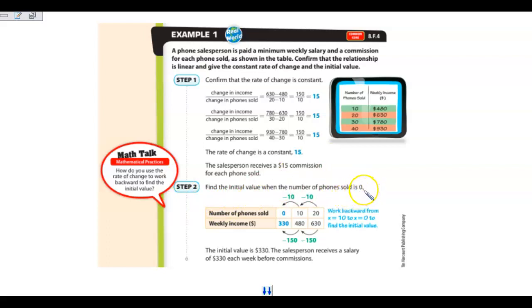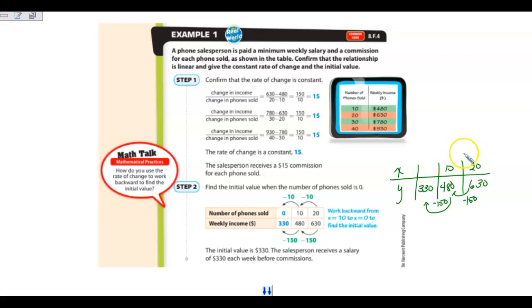We can find the initial value of where it begins by looking to see where it is at 0. And so we can take this information and create a table. We know that at 10 we had 480, and at 20 we had 630. And we found by looking for our rate of change that the difference between these two is 150. So if I subtract 150, then 150 from 480 is 330.